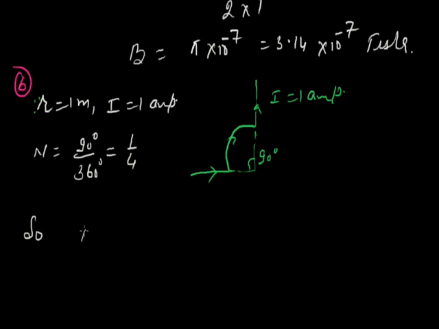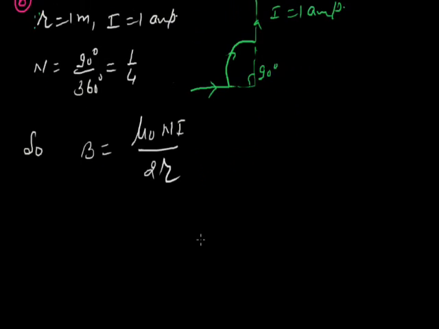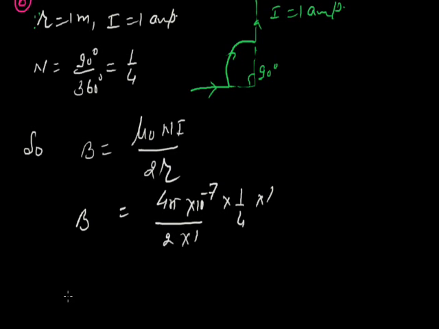So magnetic field B will be mu naught N I upon 2R, which is 4 pi into 10 raised to the power minus 7 into 1 by 4 into 1 divided by 2 into 1. That's B is pi by 2 into 10 raised to the power minus 7 Tesla.